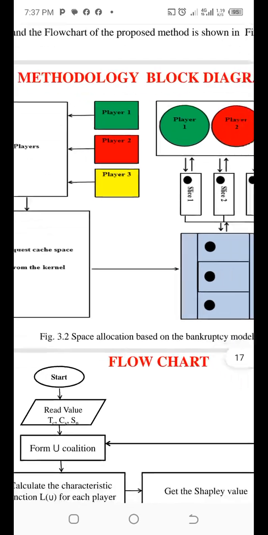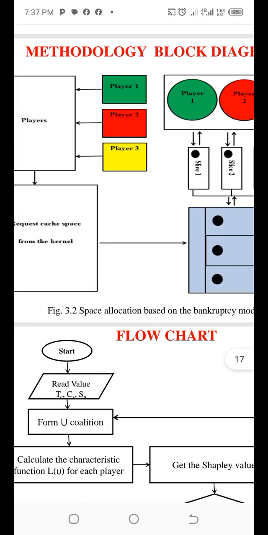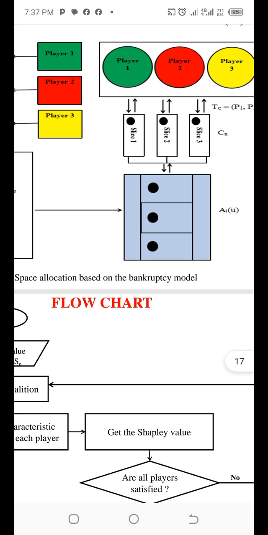These are my methodology block diagram 2. After the processes above have been done, all the players are going to channel their requests to the cache space kernel, and this kernel is going to forward it to the processing stage, which I call the processing machine.